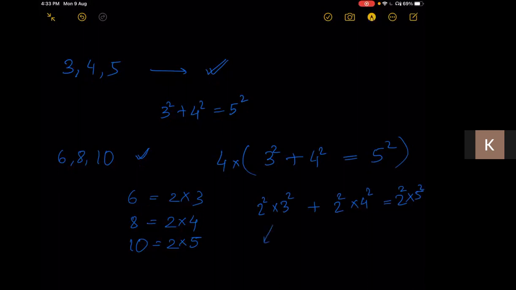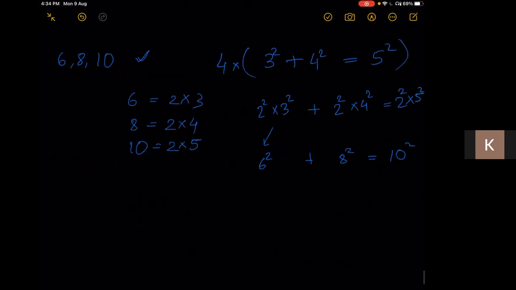What is this? 2 into 3 whole square, na? So 6 square plus 8 square equal to 10 square. Similarly, if I multiply this entire equation by 9, what is the triplet I will get? 9, 12, 15. This also satisfies the Pythagoras theorem.